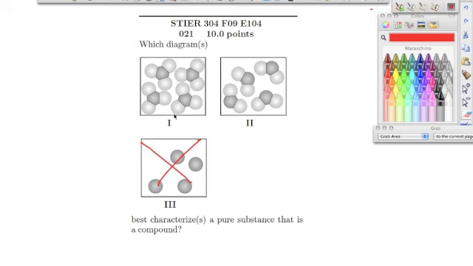So we know that this is a pure substance and it is a compound. And we see the same thing over here. Different compound because it's made up of 2 light atoms and a dark atom, but it's a compound and everything within its container only contains 2 light and 1 dark bonded together. So the correct answer for this problem should be number 1 and number 2 only.